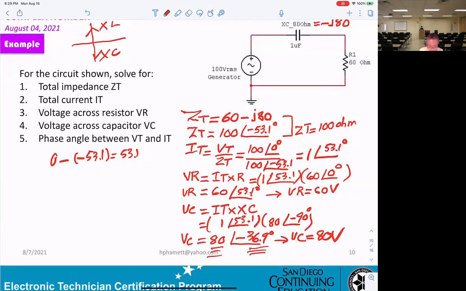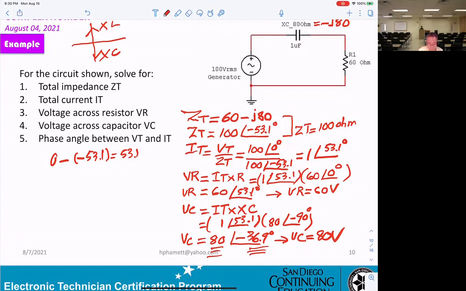Now, I think that should be in relation to VT. IT is supposed to be minus 90 degrees. Oh yeah, it's minus 90. So VC lags VT, the total, by minus 36.9 degrees. Right.